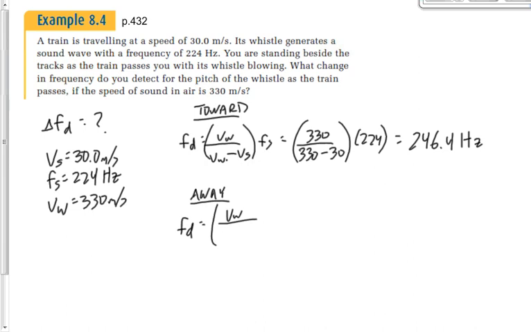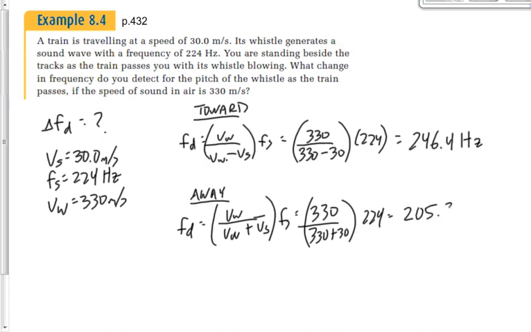This time it's going to be VW plus VS. So we're going to say 330 divided by 360 this time, press equals, and then multiply that by 224. We end up getting 205.3. Now, that should make sense too, right?